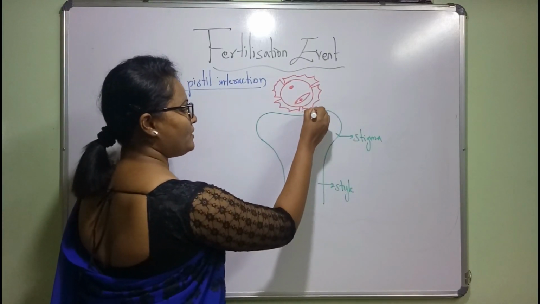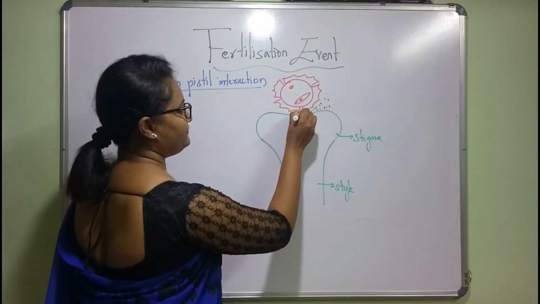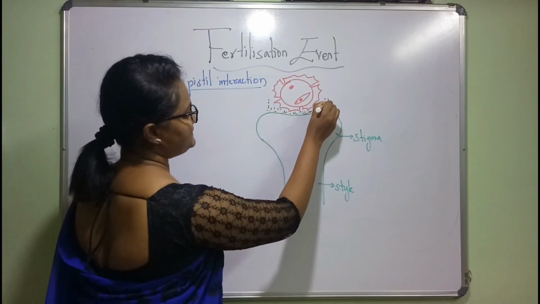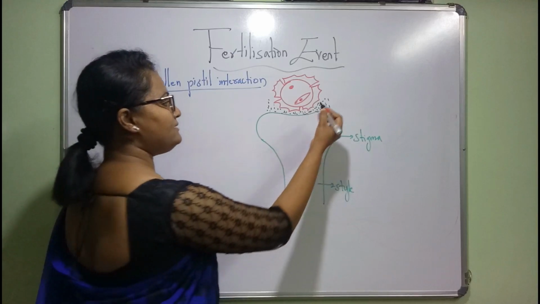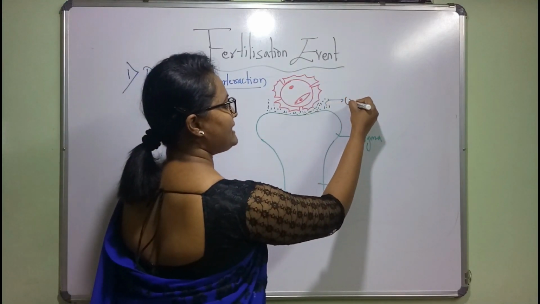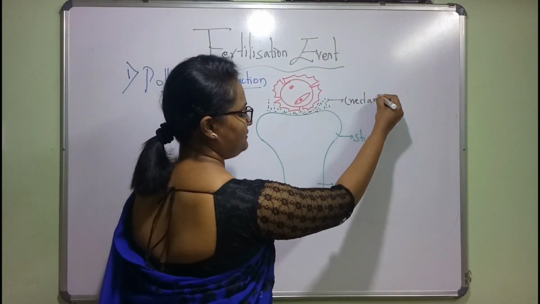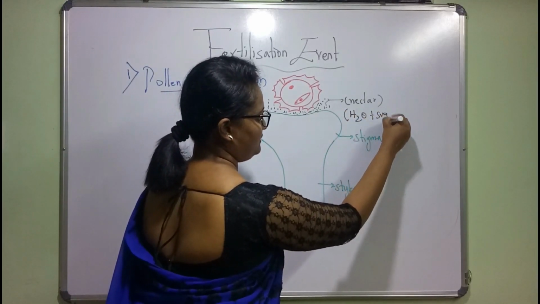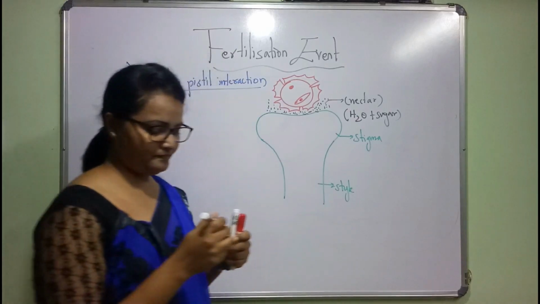The stigma produces chemicals or some secretions on the top of that landing surface. Sometimes this secretion is also called nectar. Mostly they are made up of water and sugar.